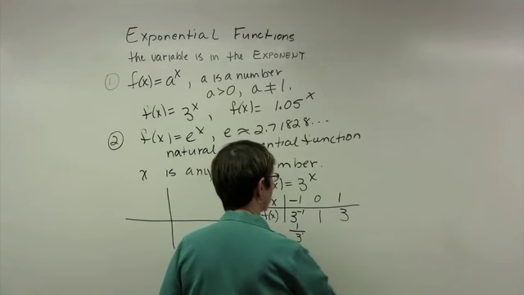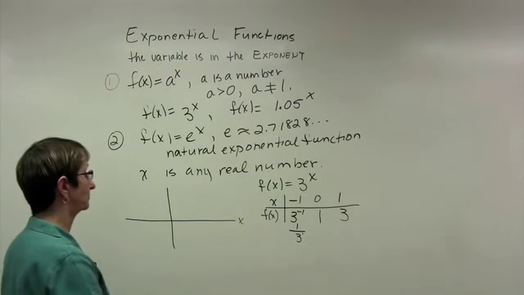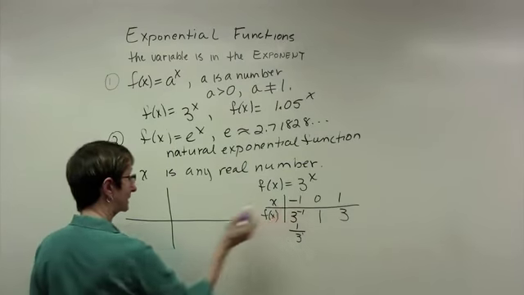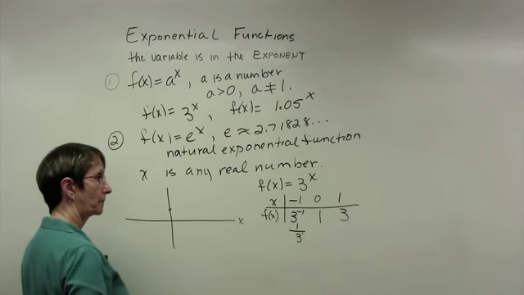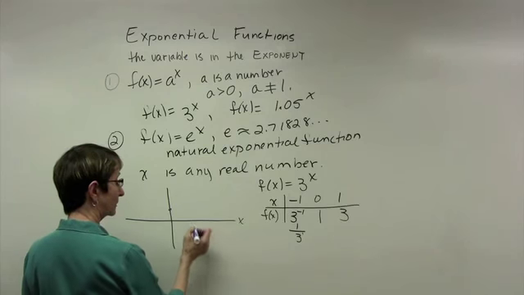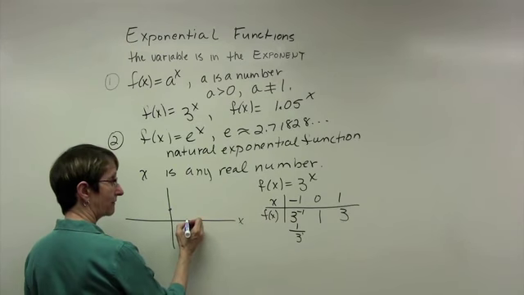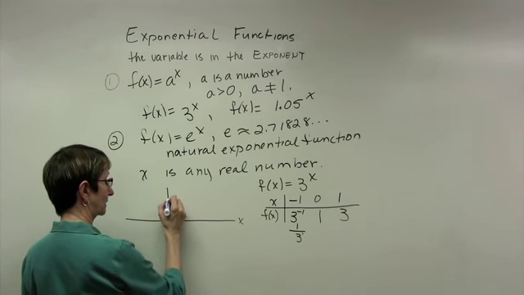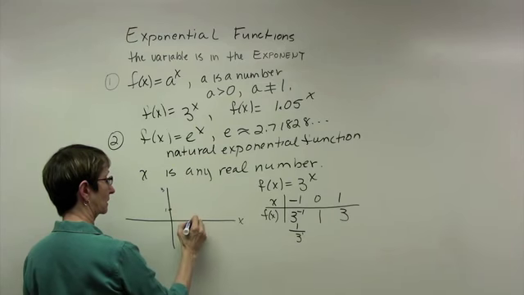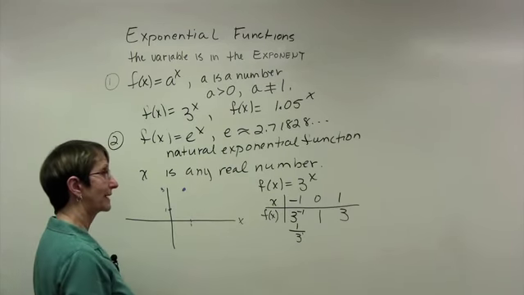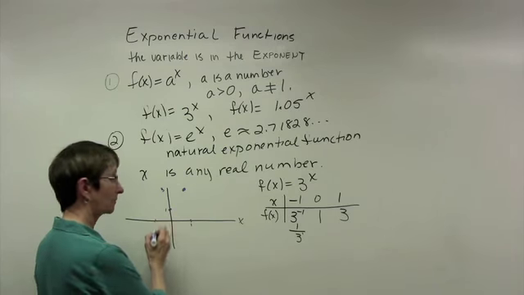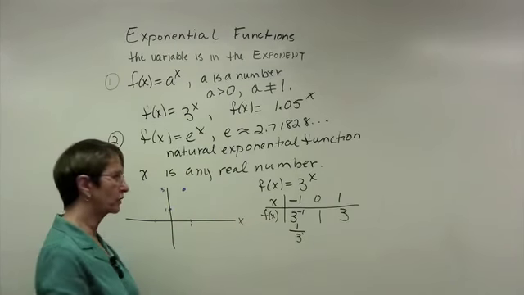So if I just decide to plot those 3 points, I have when x is 0, f of x is 1. If x is 1, f of x is 3. And if x is negative 1, f of x is 1/3.